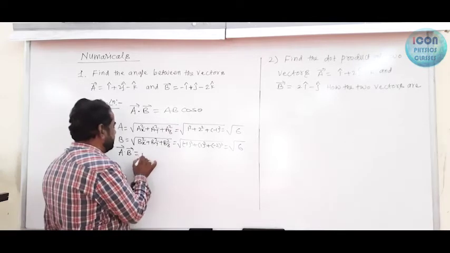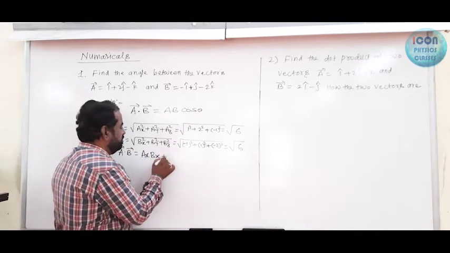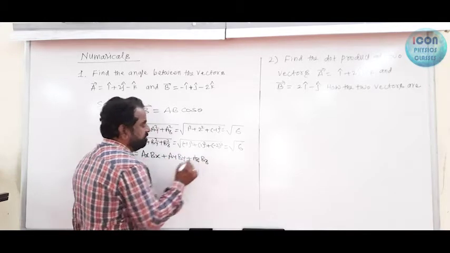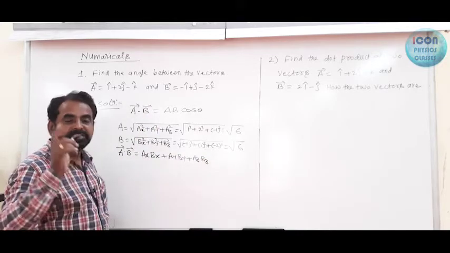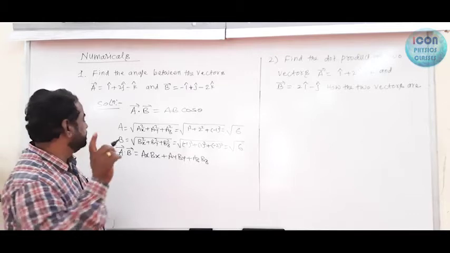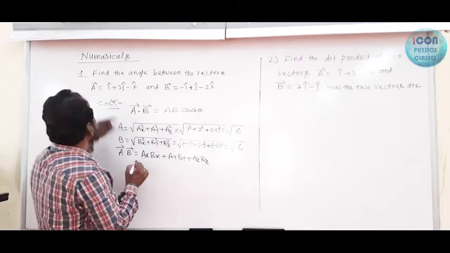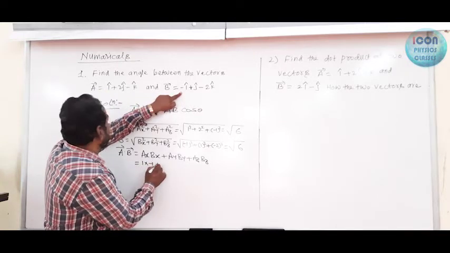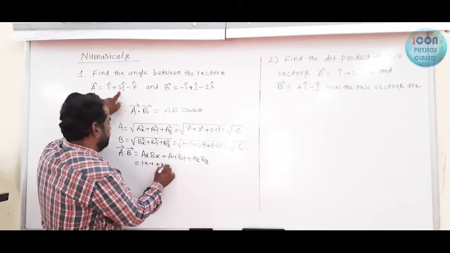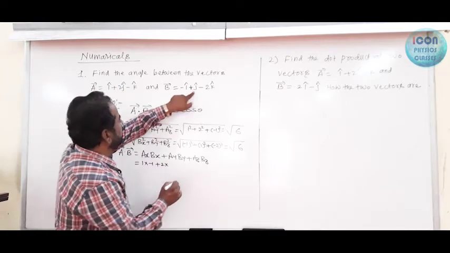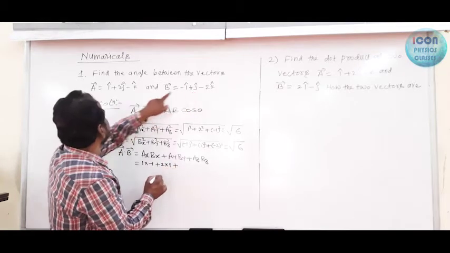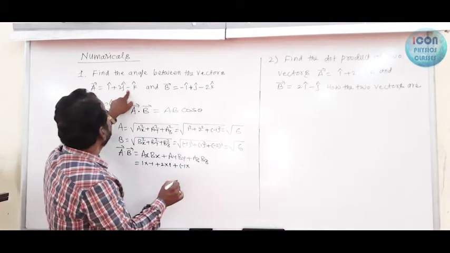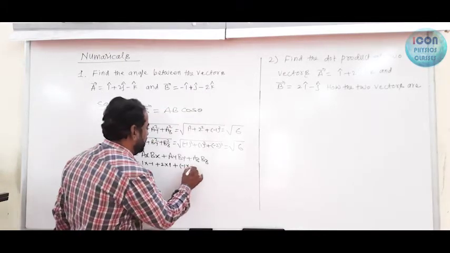I had told you, it is Ax Bx plus Ay By plus Az Bz. You put the values. What is Ax? 1 into Bx minus 1, plus Ay 2 into By 1, plus Az minus 1 into Bz minus 2.